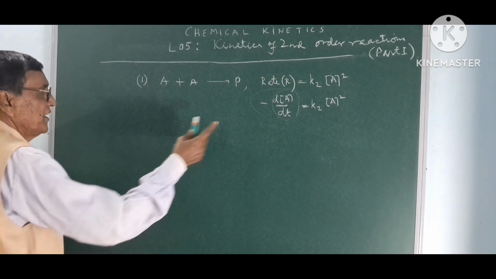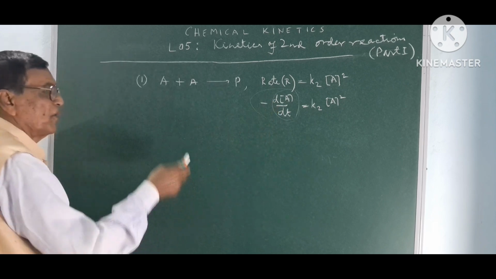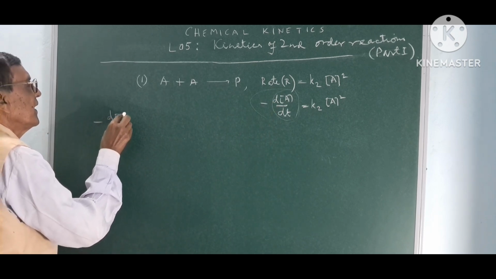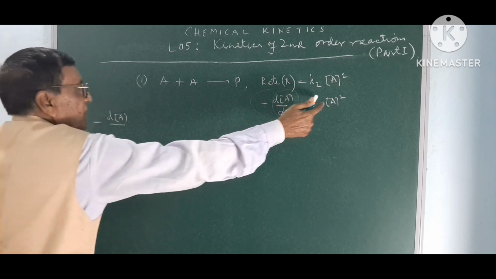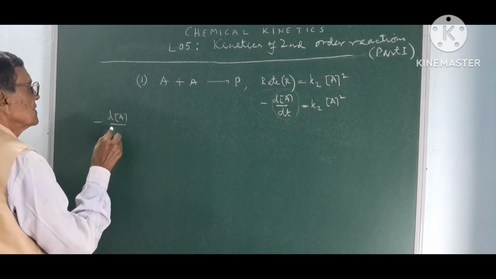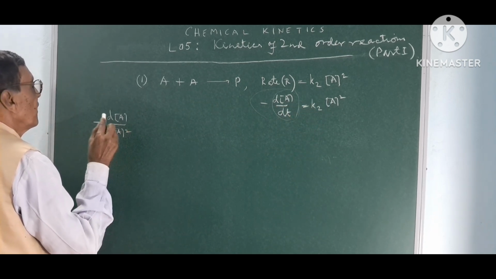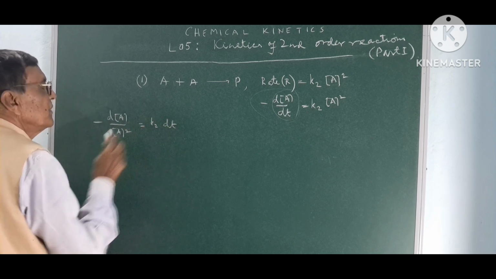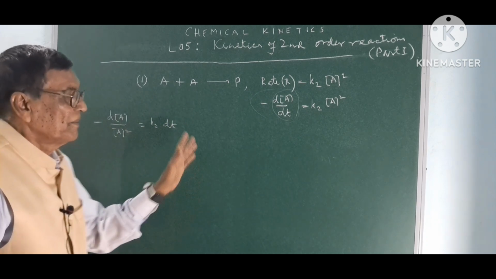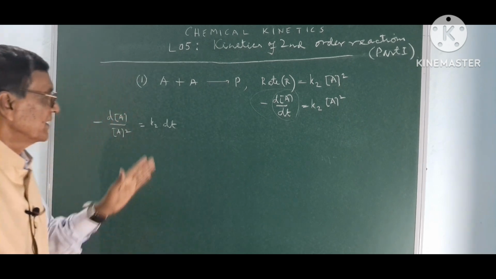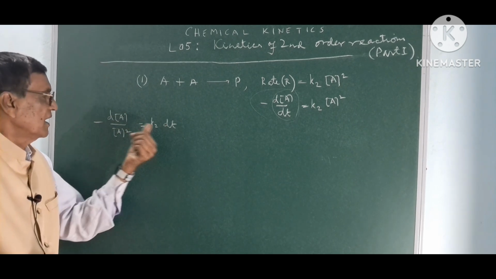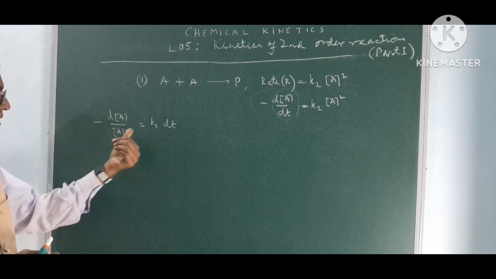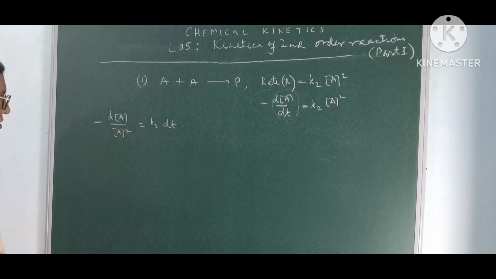The integrated form of this rate equation can be obtained by dA over concentration of A squared equal to K2 into dt, meaning the variables are being separated. Right hand side is the time variable and left hand side is the concentration variable. So variables are being separated by this mathematical process.